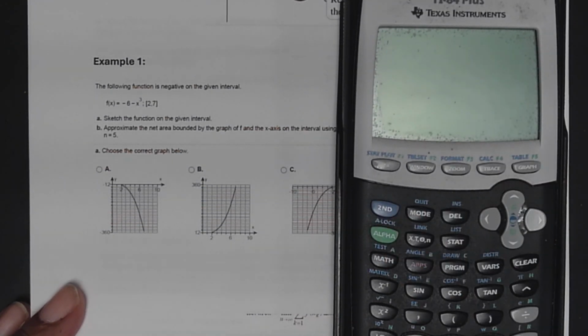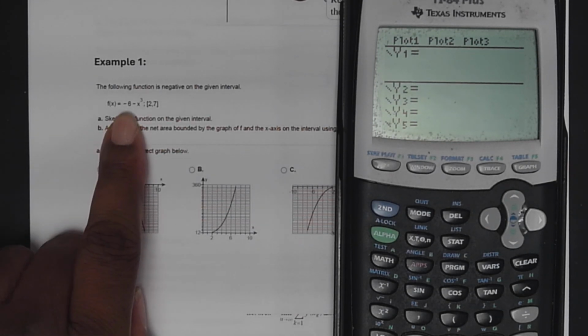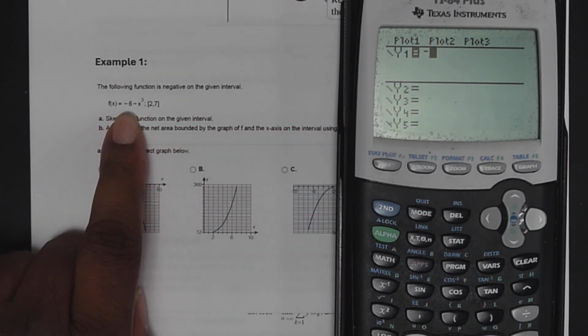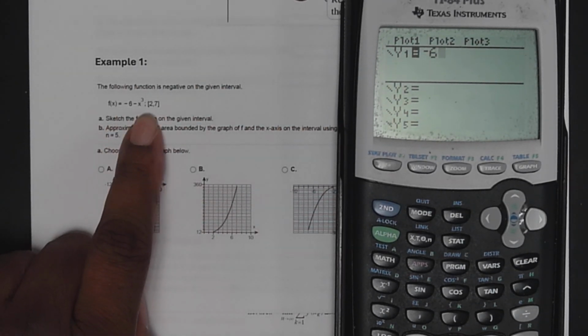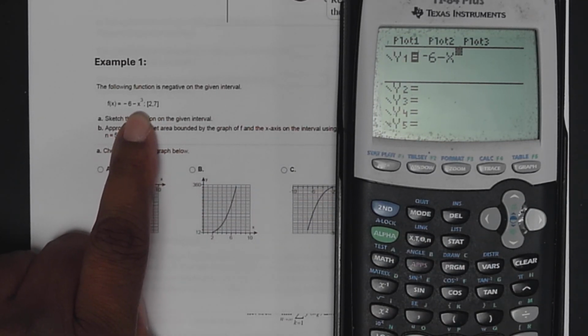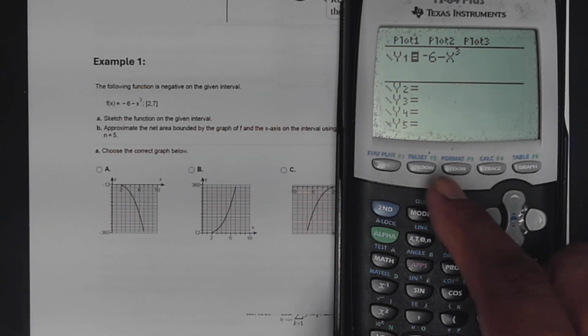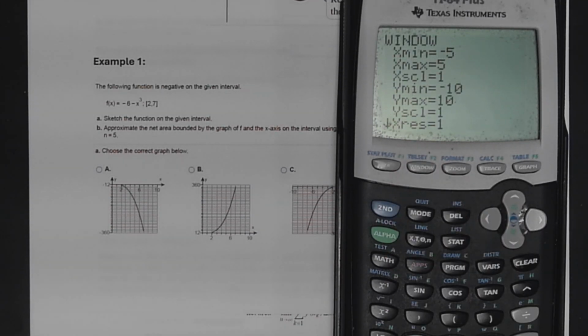So if I go here, let's do y equals, let's clear this equation out, and then I'm going to type in the negative 6 and then minus x cubed, using the X,T,theta,n key for the x, the hat key, and then 3. Right arrow to get out of it. All right, so now let's set our window, go to window.